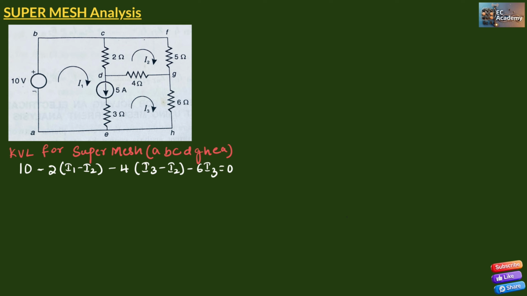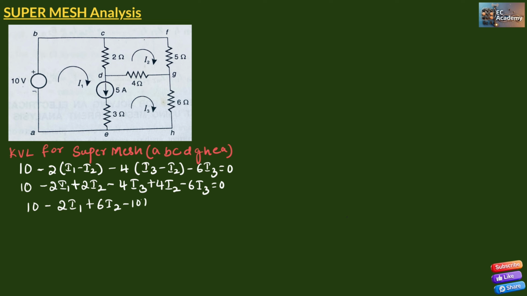Now let us expand this and we can write 10 minus 2I1 plus 2I2 minus 4I3 plus 4I2 minus 6I3 is equal to 0. If we simplify this, we can write 10 minus 2I1 plus 6I2 minus 10I3 is equal to 0.